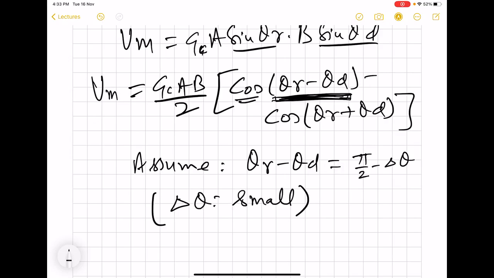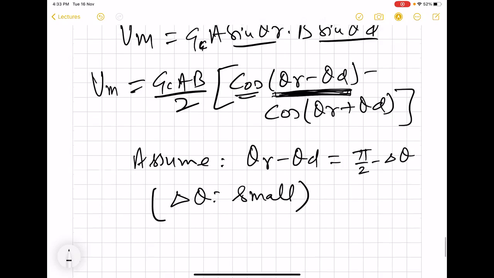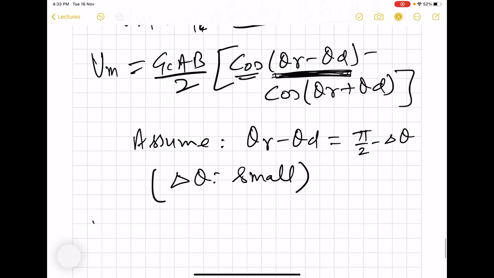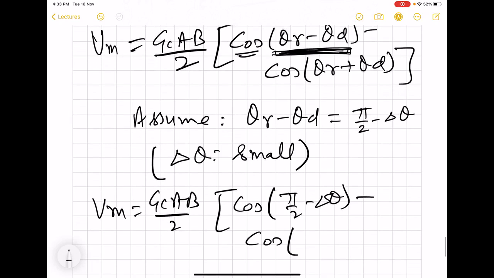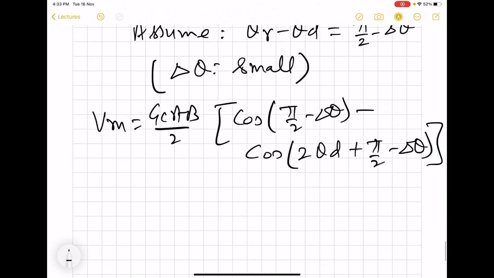So we are assuming that theta R and theta D are almost at 90 degrees to each other. If this is the scenario, then we can see that this VM becomes the following expression.